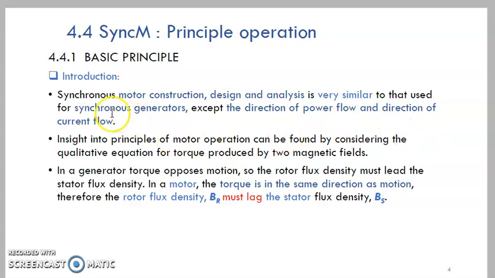Basic principles: synchronous motor construction, design, and analysis are very similar to those of the synchronous generator.